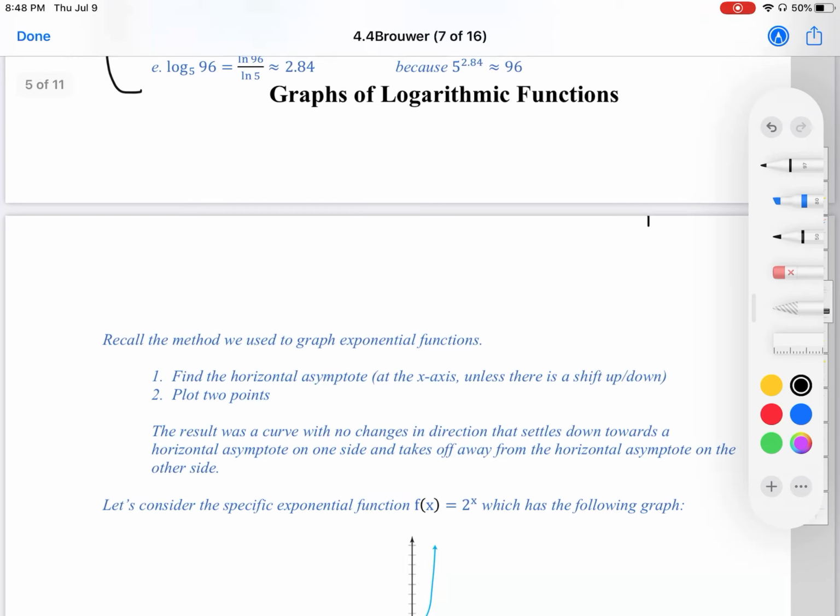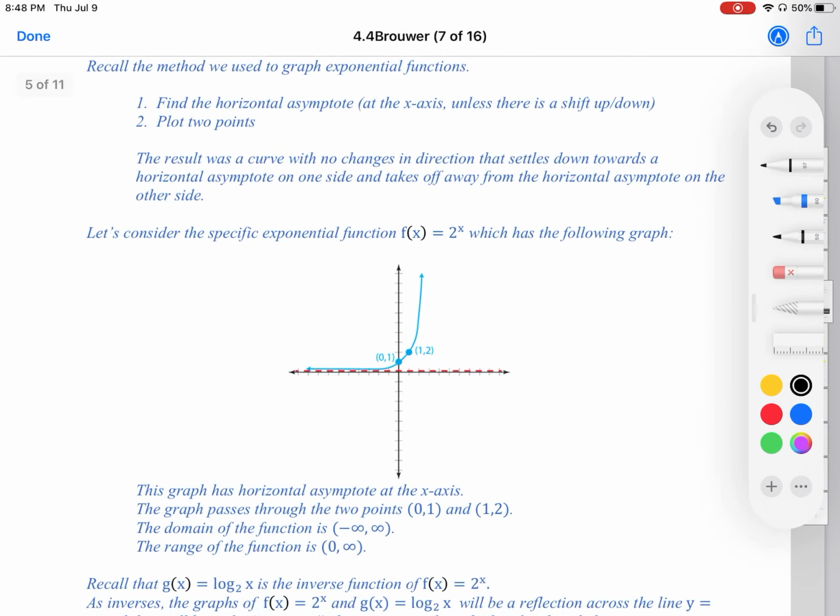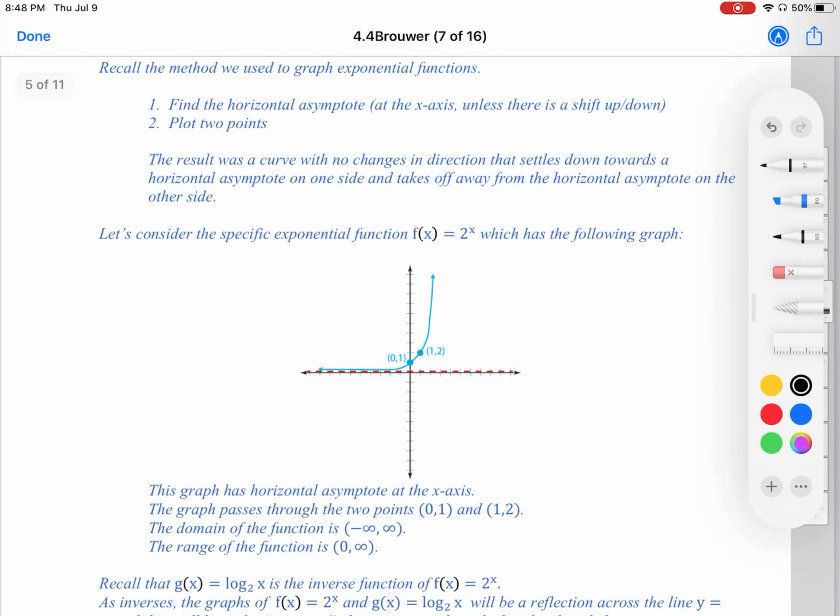Graphs of logarithmic functions. Recall the method we used to graph exponential functions: find the horizontal asymptote at the x-axis unless there's a shift up or down, and plot 2 points. The result was a curve with no changes in direction that settles down towards the horizontal asymptote on one side and takes away from the horizontal asymptote on the other side.